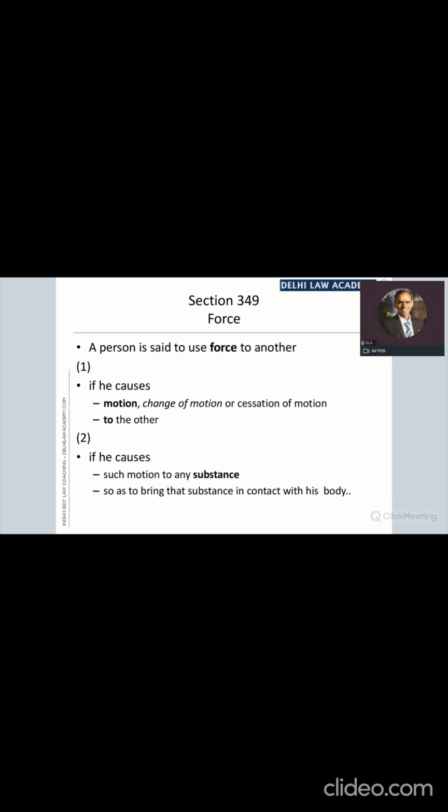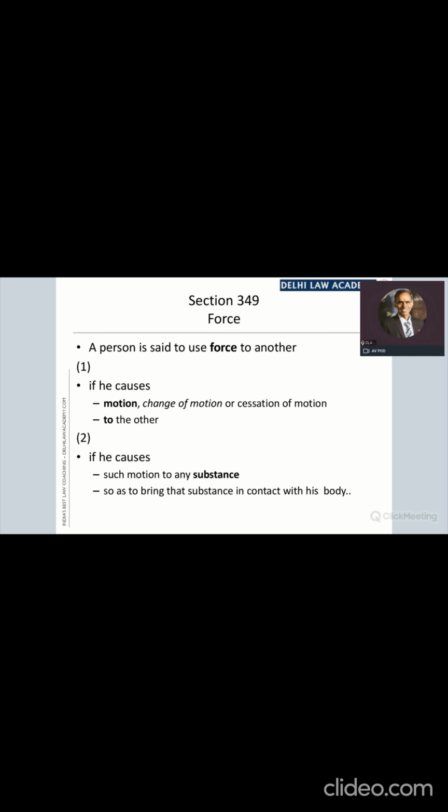So there are two types of acts which may be characterized as use of force. Firstly, when the first person causes motion or change of motion etc. in the second person directly. Second is when he is not touching that second person but he is causing motion to a substance and that substance comes in contact with the body of the second person.